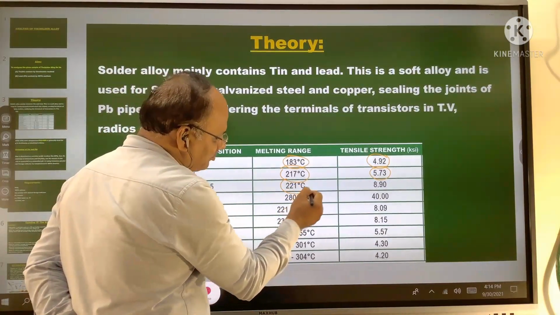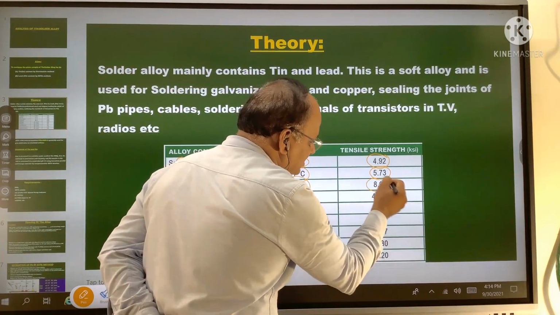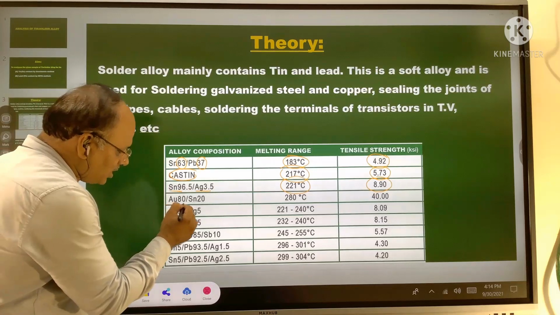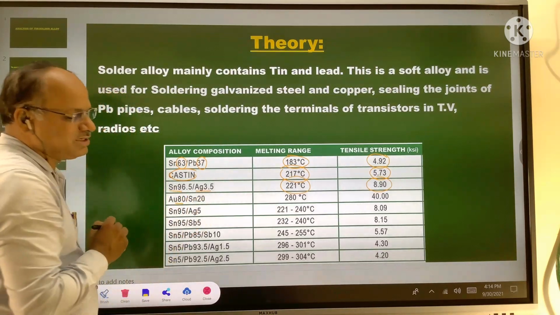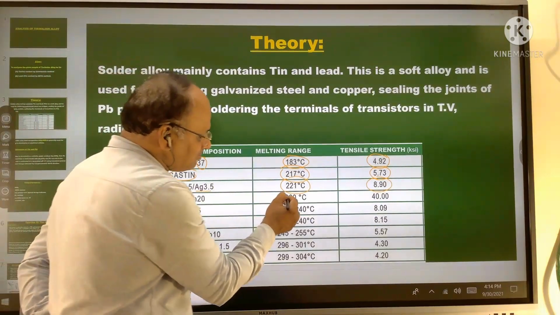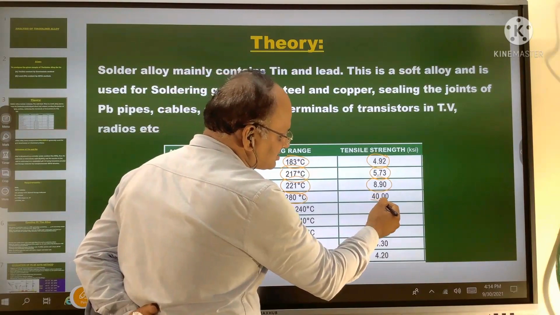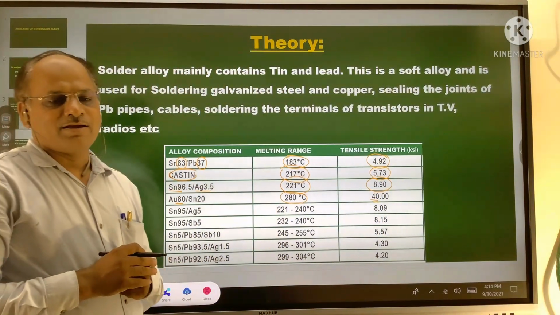Then here melting point is 221 degrees Celsius and tensile strength is 8.9. Here if you add gold 80 and tin 20%, then melting point of that alloy is 280 degrees Celsius and tensile strength becomes 40.